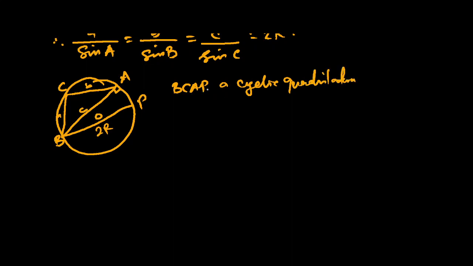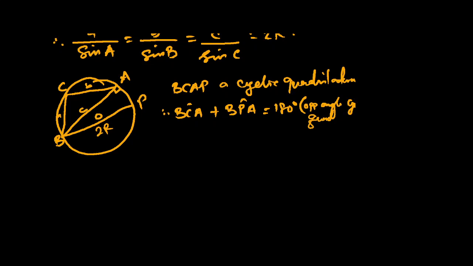So if BCAP is a cyclic quadrilateral, that means that BCA, that is angle C, plus BPA is equal to 180 degrees. Why? Opposite angles in a cyclic quadrilateral. Do you understand that now?